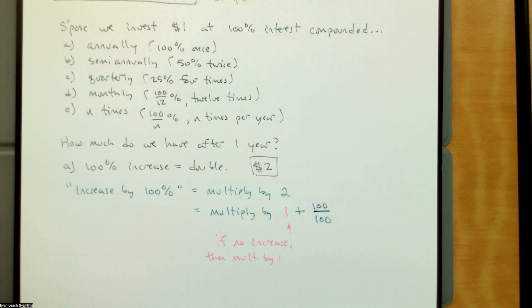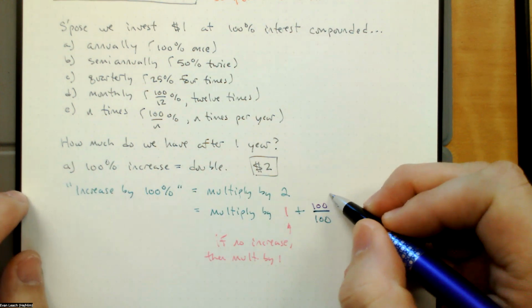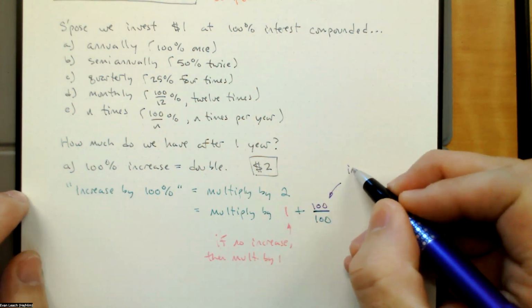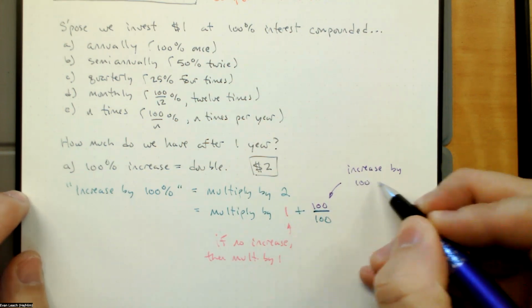Then to this, we're going to add the increase. And the increase is 100%. Percent means per 100. So the plus is increase by 100%.